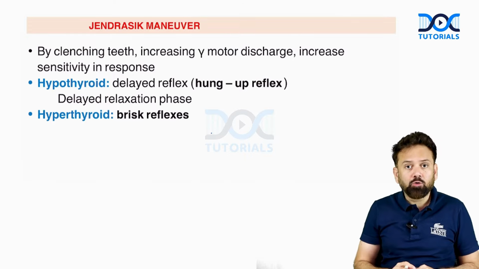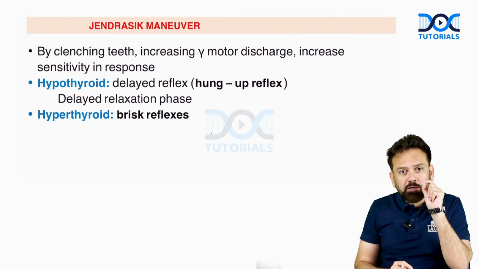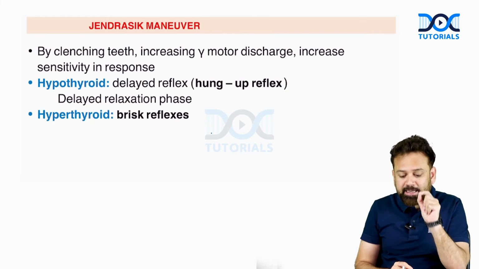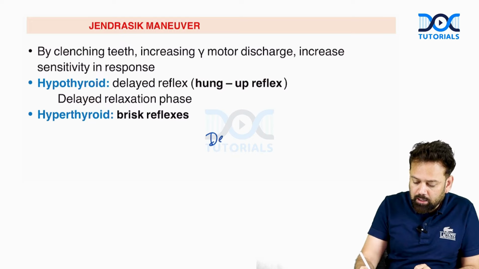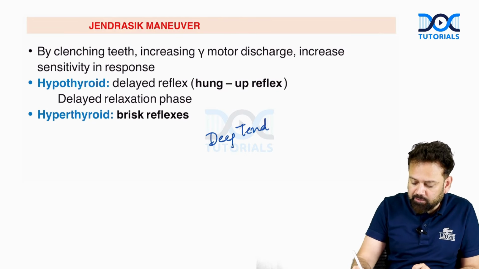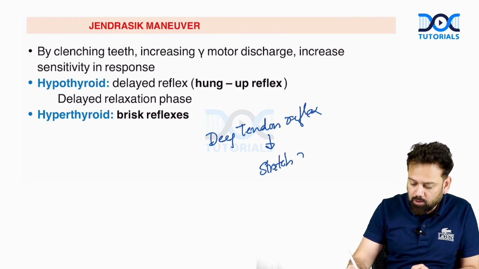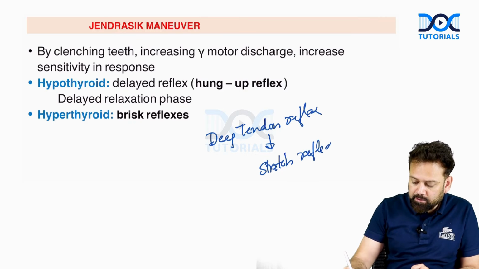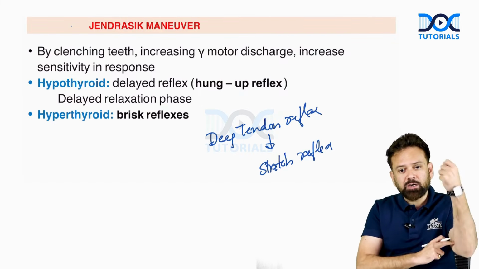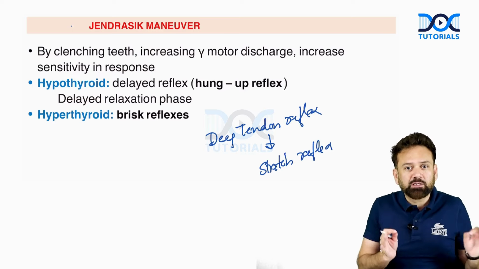Clear? Now, one point is very important: all deep tendon reflexes are examples of stretch reflex. It can be biceps jerk, triceps jerk, knee jerk, all are examples of simple stretch reflex.